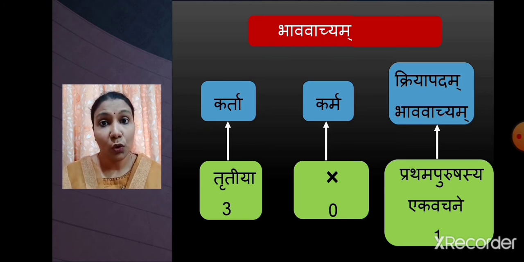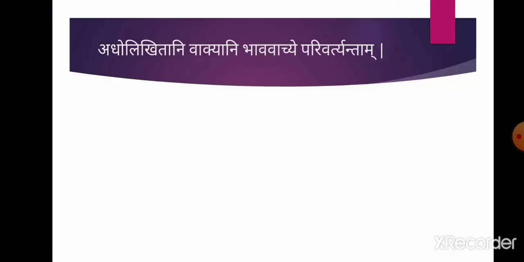Now let's try to solve a question based on Bhavavacham. Here is the question. Adholikhitani vakyani bhavavachye parivartyantam. Students, we have to change the given sentences to Bhavavacham. Let's see the first sentence.